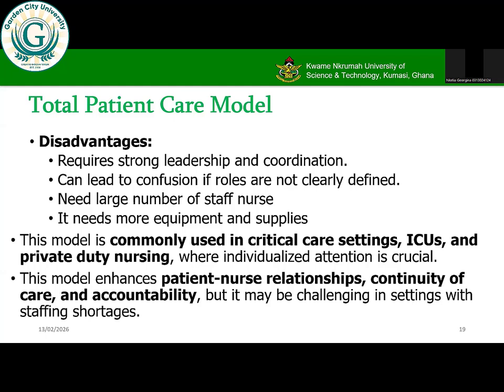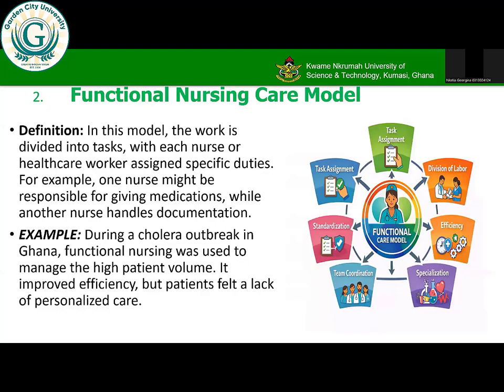Then the functional nursing care, functional model. So with this model, the work is divided into tasks, unlike the team and total care method that we have, where you have a case that you're supposed to take care of. But in this one, the work is divided into tasks, with each nurse or healthcare worker assigned specific duties.